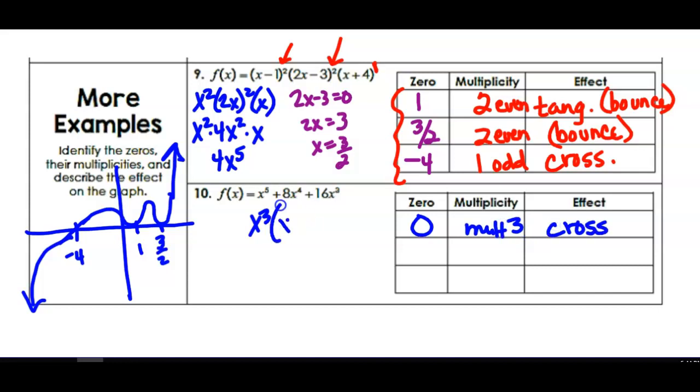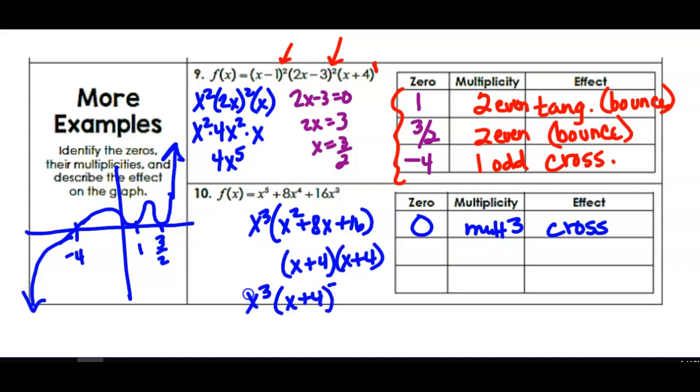If we take that out, we have left an x squared plus 8x plus 16, which factors x plus 4, x plus 4. So we end up with an x plus 4 squared. So we have a 0 of -4. That is multiplicity 2. So it will bounce, or you can say be tangent.